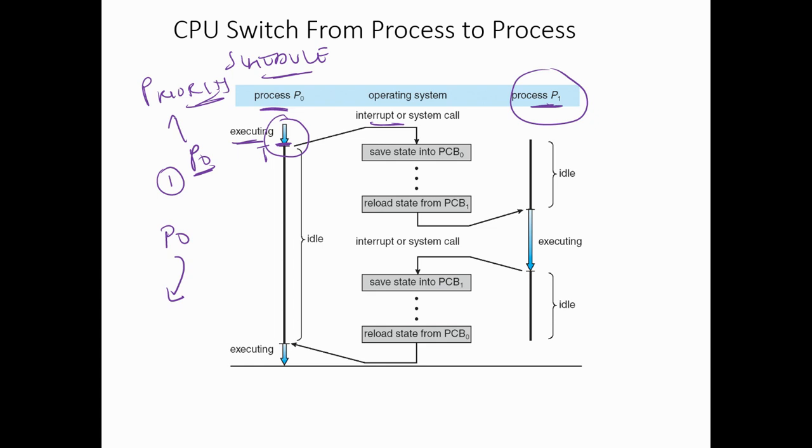It can be any kind of interrupt: a hardware interrupt, a software interrupt, an IO interrupt, etc. So we are supposed to save the state. That means we are supposed to save the state of PCB0.